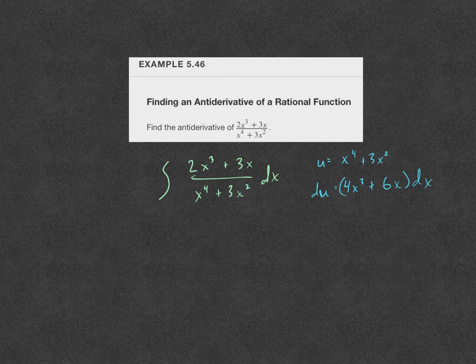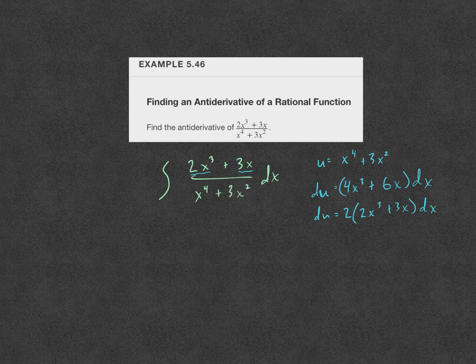Do you see it yet? 2x cubed plus 3x. If I factor a 2 out of this expression, I get 2 times (2x cubed plus 3x) dx. Oh, cool. That's what makes this possible. And how do you recognize that stuff? Well, the more problems you see, the more problems you do, the more likely you will be to see that relationship, that connection.